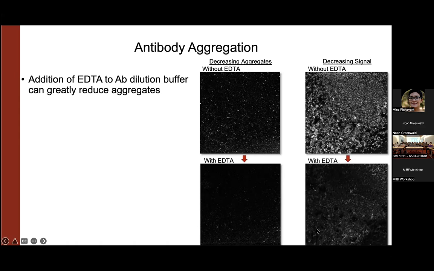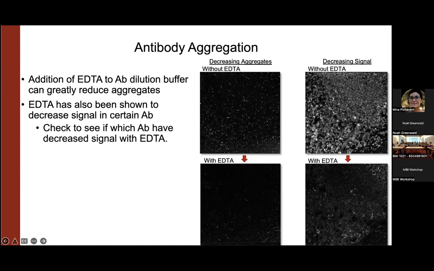And so this leads to the thought that you should make sure you know which antibodies are prone to having a decreased signal due to EDTA, and this is not all antibodies. So when we're testing all of our antibodies together, we'll split up our antibodies into those that need EDTA because they're prone to aggregation, and we'll add EDTA to those buffers. And then we'll also look at the antibodies that are potentially decreasing in signal because of the addition of EDTA, and this isn't all antibodies, it's some antibodies.